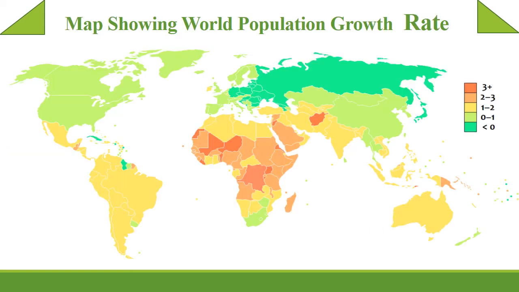Map showing world population growth rate. This is the world map, and this is the key which shows the population growth rate of the globe. If we look at the top figure, we see that these areas lie here, in Asia and then in Africa, where the growth rate is 3 plus.